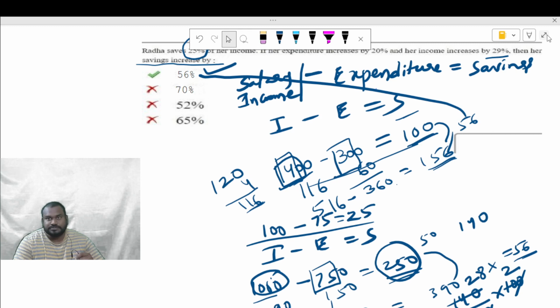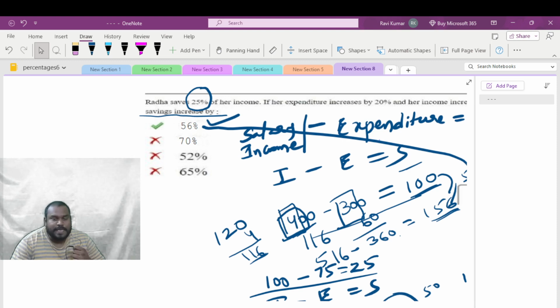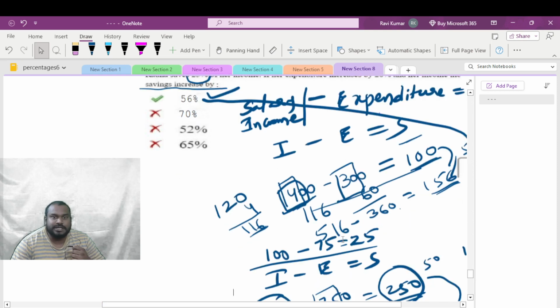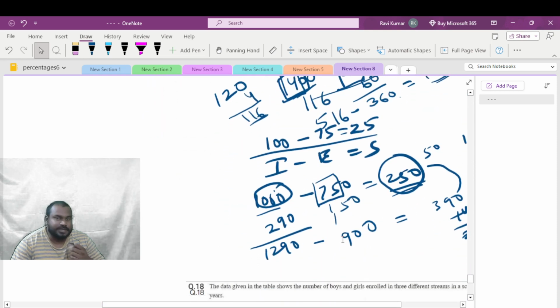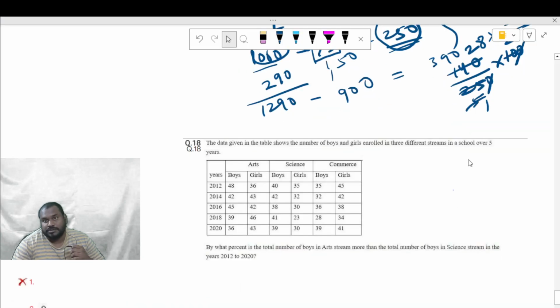Once again, you do it using 100, 75 and 25, and let me know in the comments whether you are able to do it or not. If you are not able to do it, then I'll solve it and explain.